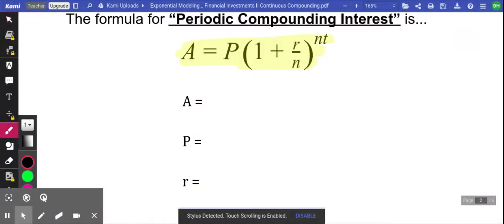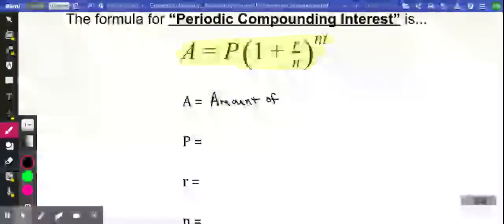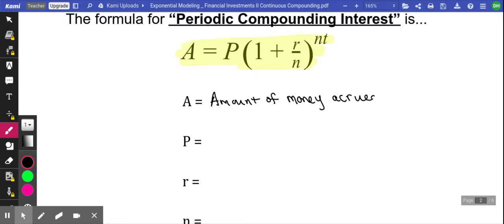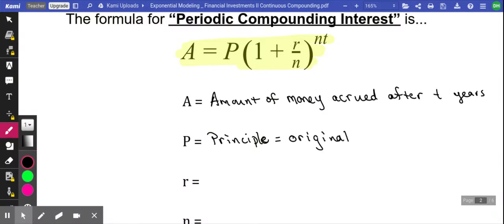Let's say this A is the amount of money you've accrued or accumulated after T years. P is what we call your principal, aka the original amount or initial investment.